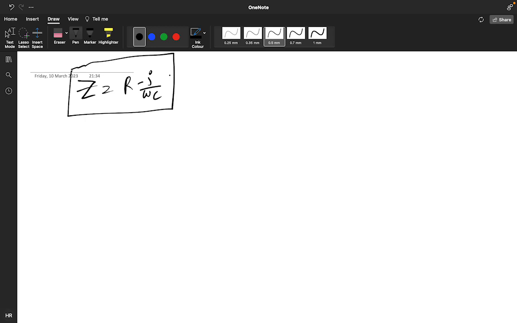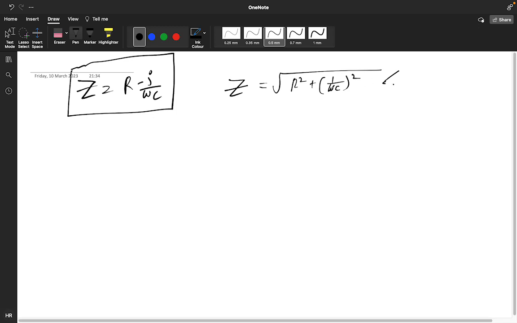Your impedance is R minus j by omega C. If you write it in the form of an angle, suppose the mod value of Z will be root under R square plus 1 by omega C the whole square. And I'm taking the angle like theta. Yeah, tan inverse 1 by omega C R. That is correct. But I'm assuming that it has a theta only.